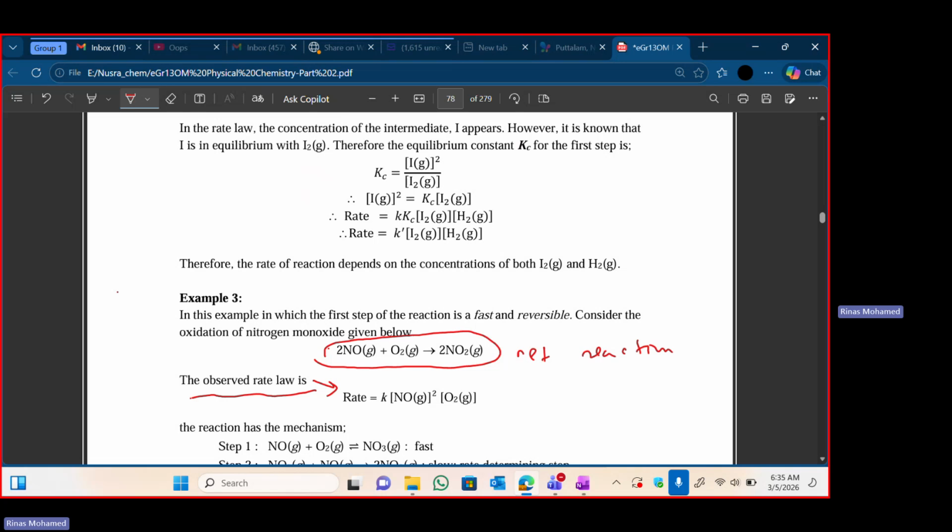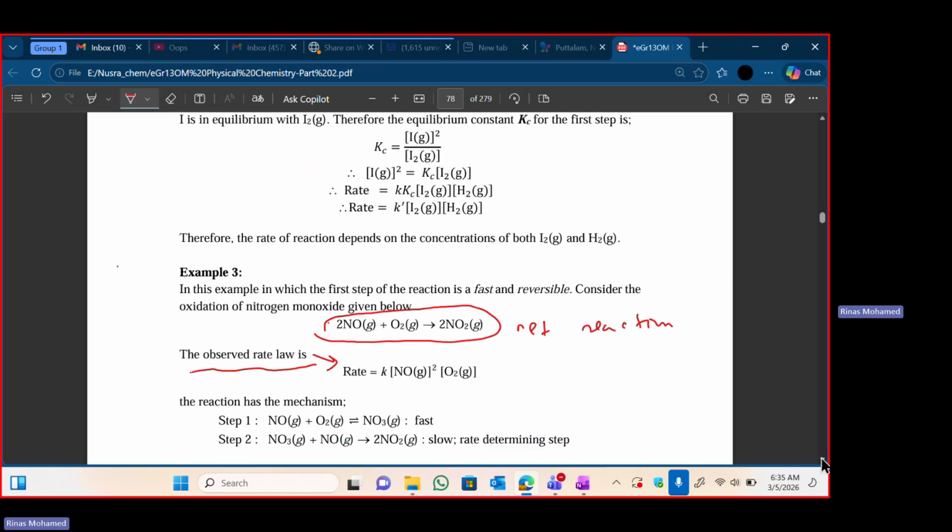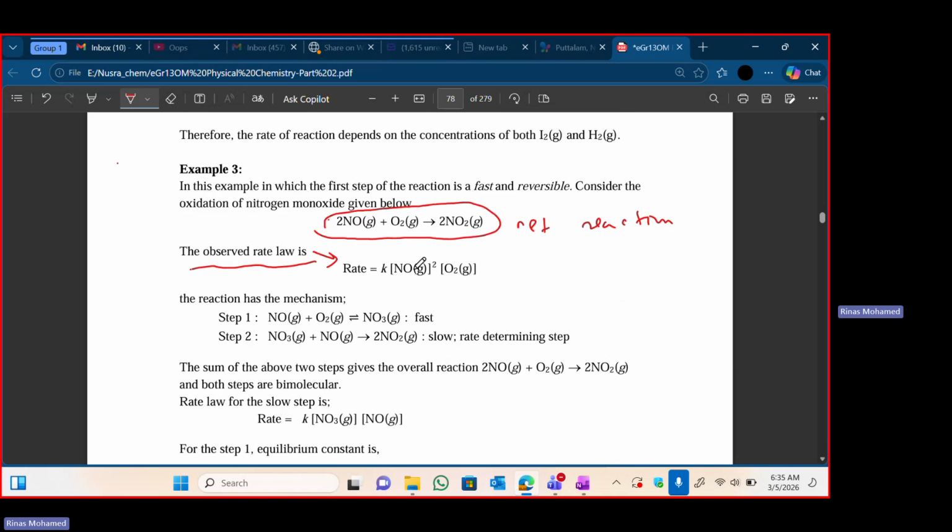If a pre-equilibrium case exists, you can write the first step using the rate law. 2 NO molecules and 1 O2 gas come into the action in the slower step, that means the RDS. Then the reaction mechanism they have given: NO plus O2, then NO3 is the intermediate.